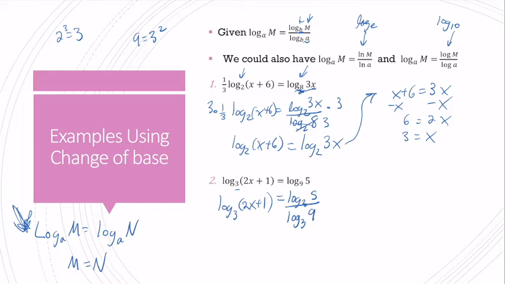which is going to give us log base 3 of 9, which is 2. So I have to multiply both sides by 2. Now I have 2 log base 3 of 2x plus 1 equals log base 3 of 5. Remember that this constant in front can be rewritten as an exponent using our logarithm rules.